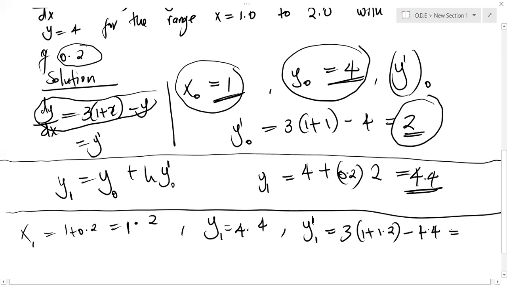It is 1 plus 1.2, which gives us 2.2, multiplied by 3, and then minus 4.4. If you evaluate that, you'll get 4.84, guys.